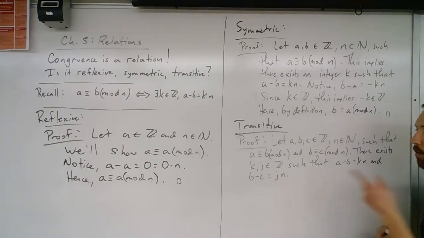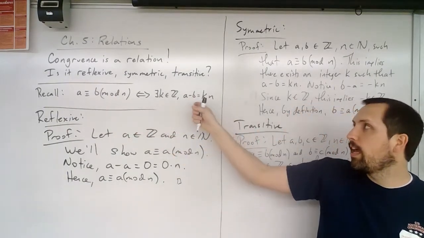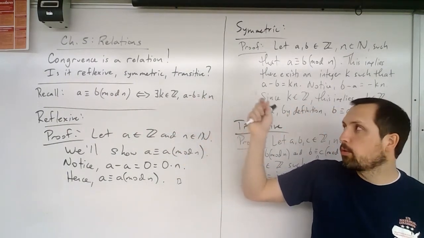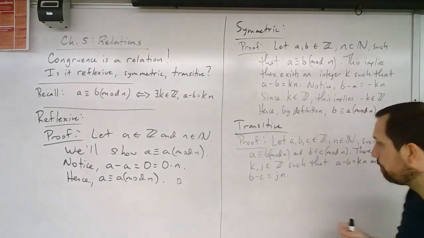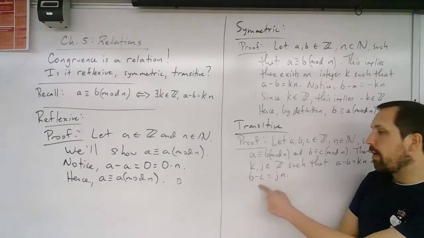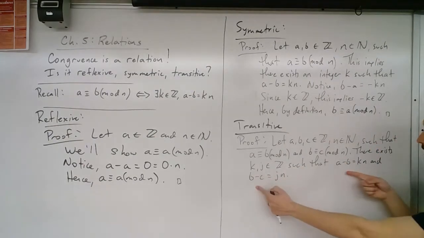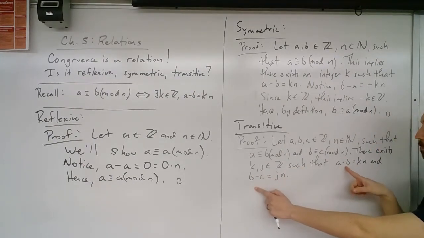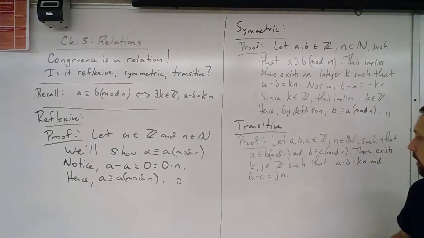Now, if we're trying to show that a is congruent to c, then that means we're trying to get a minus c equal to an integer times n. So we're trying to show that there is the existence of an integer. So why must there be an integer? Well, if we look at a minus b is equal to kn and b minus c equals jn, to be able to get a minus c, we could just add these two. Right? If we take a minus b plus b minus c, the b's are going to cancel and we're left with a minus c.